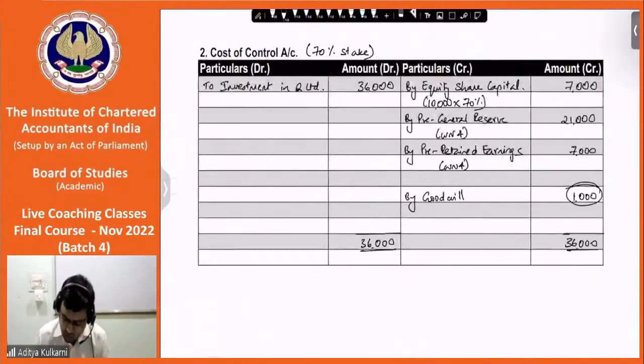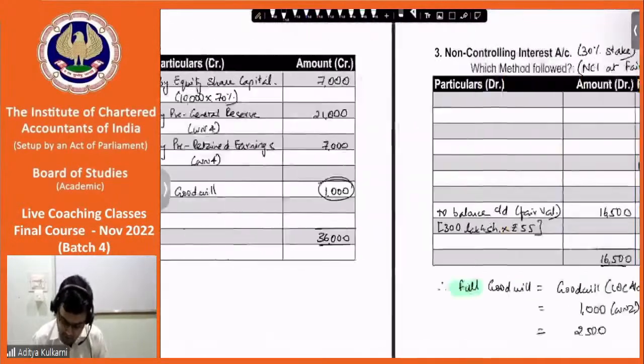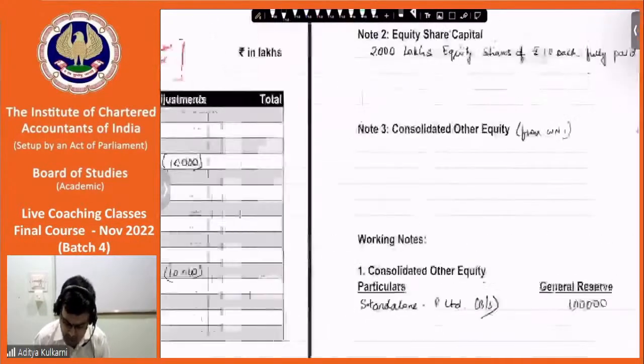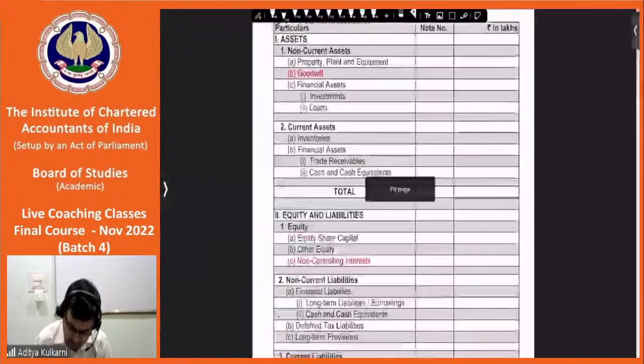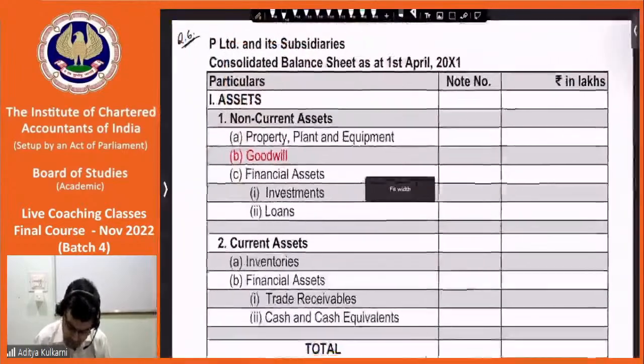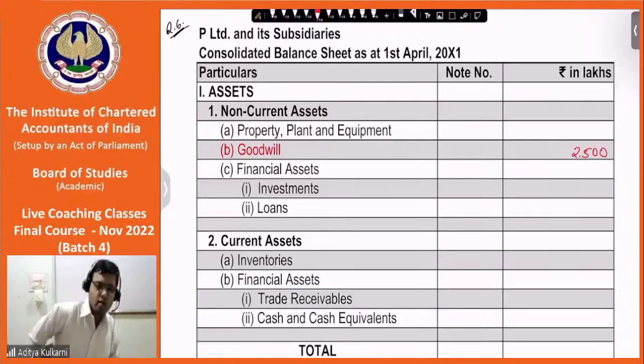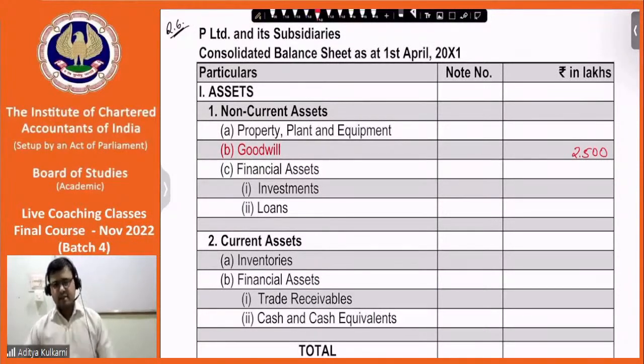This goodwill of 2,500 which I got, can I take it to the balance sheet? No other work is there now. So we'll take it directly to the balance sheet, 2,500.